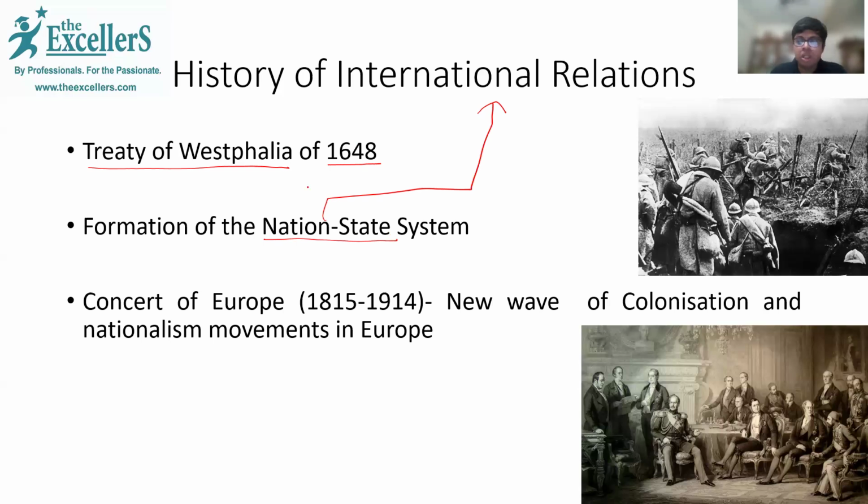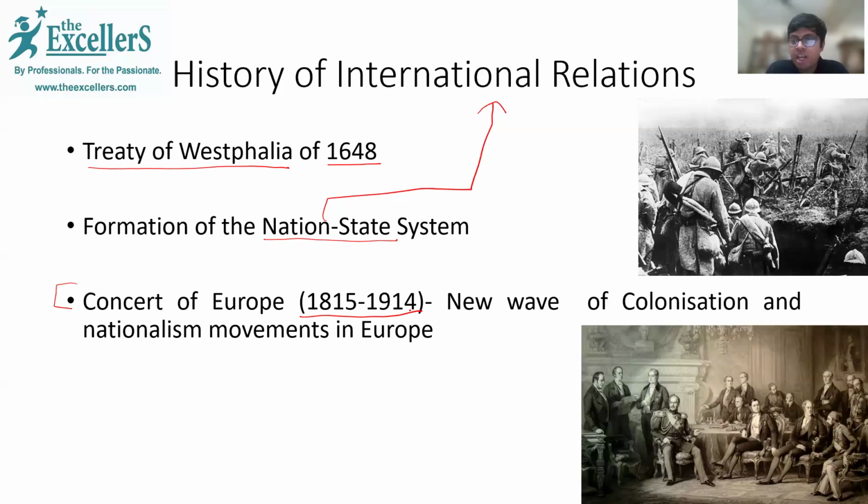Then we come to an important period in world history: 1815 to 1914. If you think about it from a historic point of view, that was a period of immense political instability. Why do we say there was political instability across the world? It was because Europe was undergoing a big journey. Maps were being redrawn each and every time.